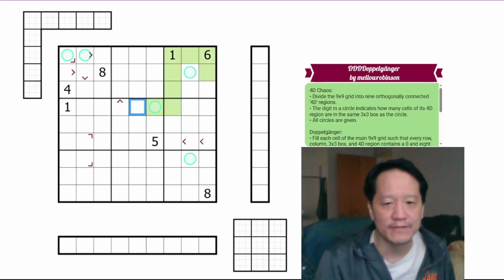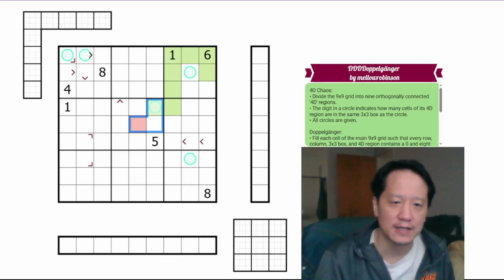What is not a valid example is something like this, right? Because to get from this cell to any other cell in the region, you have to either go through a corner, or go to another region, or go outside the region to get there. And that's not allowed.